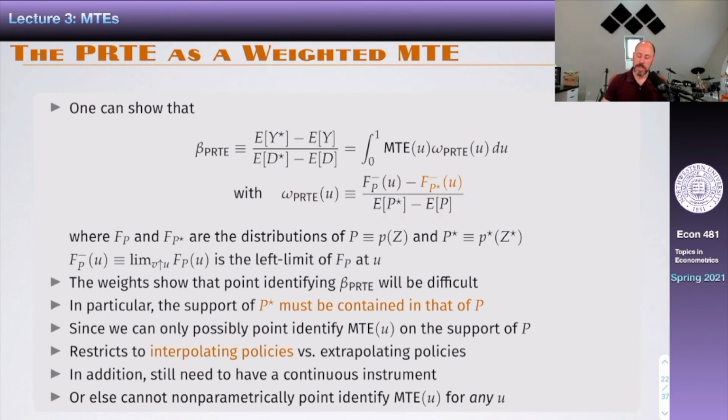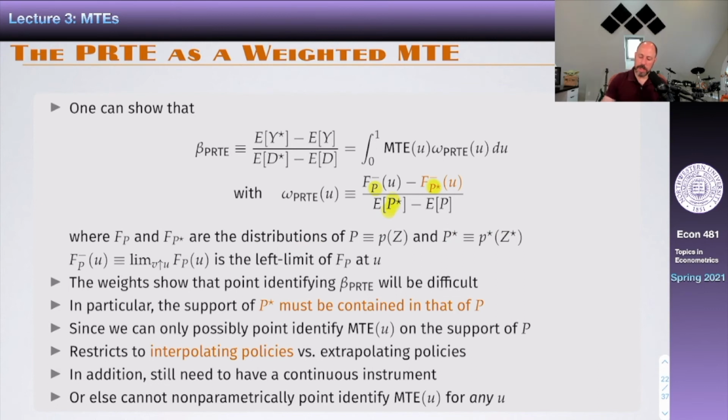The function involves a ratio of statements that includes both the propensity score that you have under the old policy and the propensity score that you will have under the new policy. Okay, so here FP and FP star are the distributions of the propensity score, the old one and the new one.